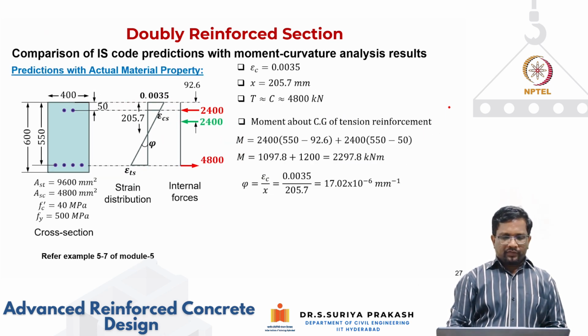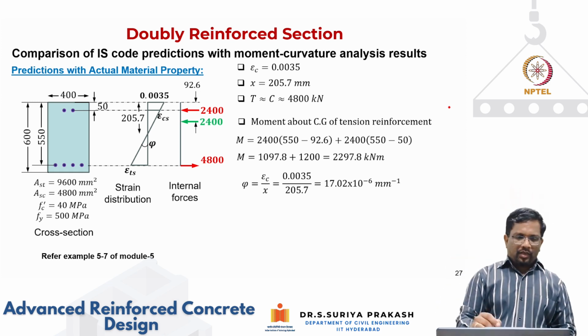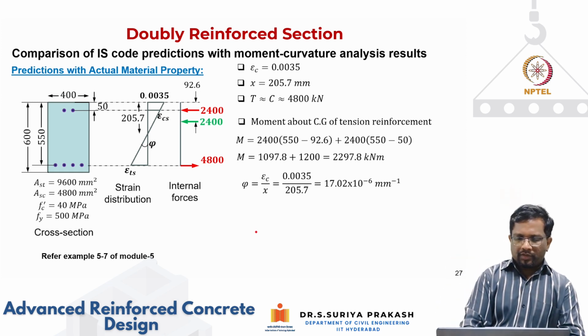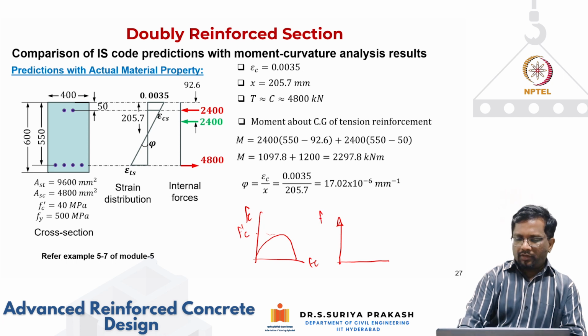So we got this value. Now I'm just reiterating: these calculations are based on your parabolic curve for concrete. If you remember, this is F prime C. Then for steel, we have taken Fs epsilon s. We took this.